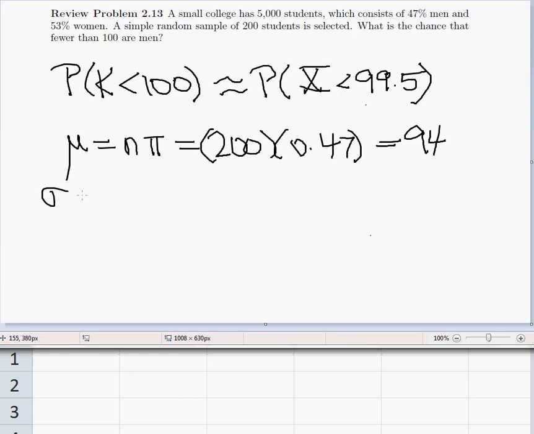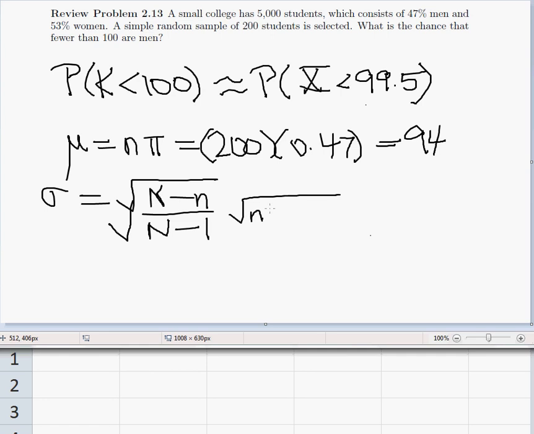The standard deviation requires a little bit more work. That's equal to the square root of capital N minus little n, and I should draw a big square root so I can see that better, over capital N minus 1, times the square root of n times pi times 1 minus pi.